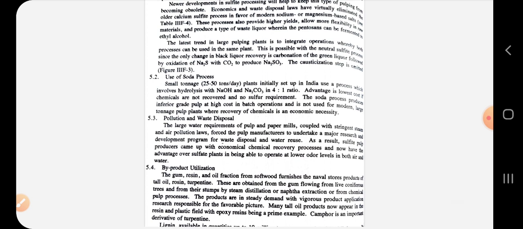Byproduct utilization: there is no proper use available for the byproduct, the black liquor, that we get as a residue from pulp industries. So these are the problems which manufacturers need to overcome.